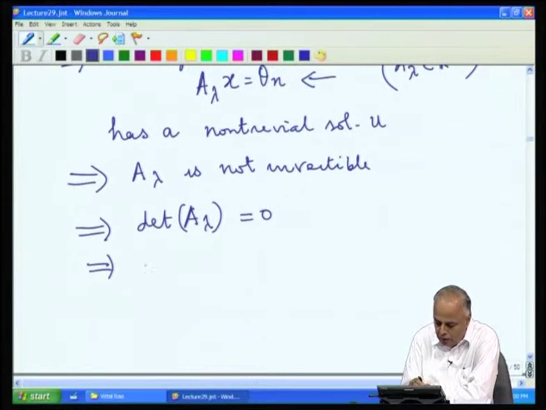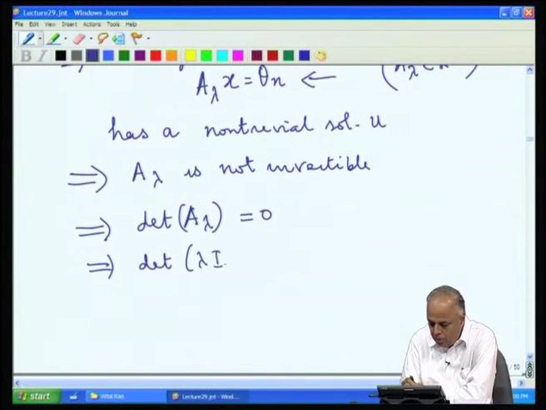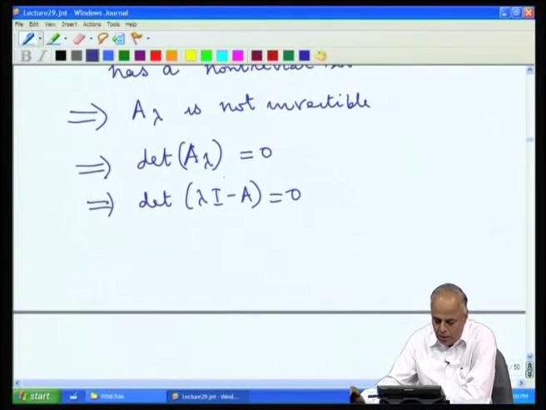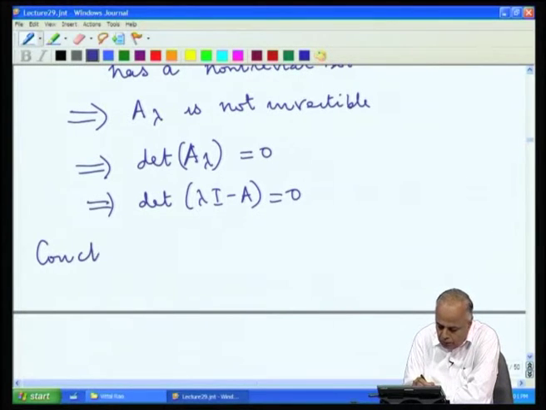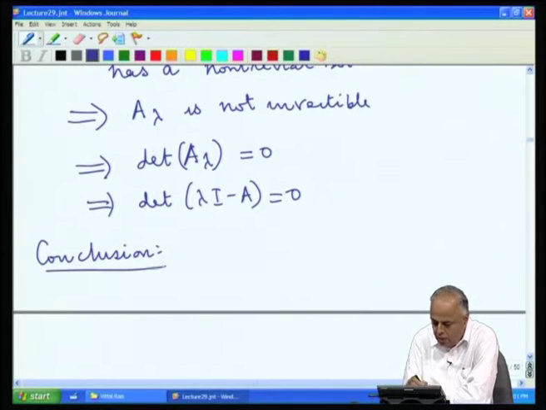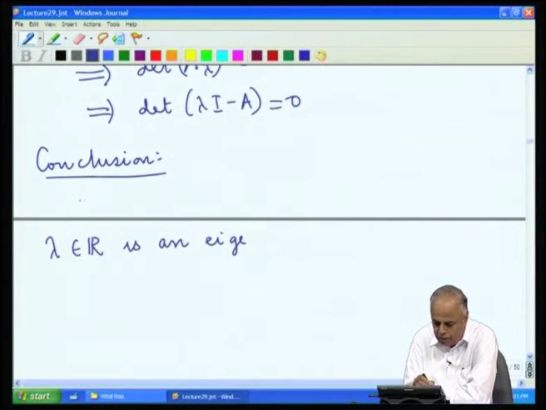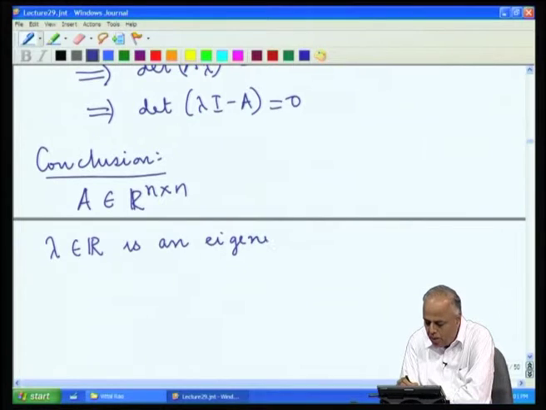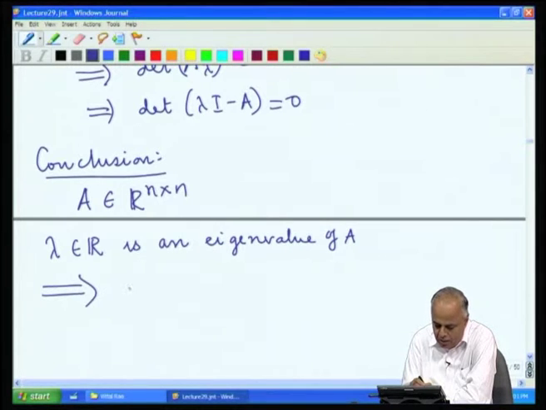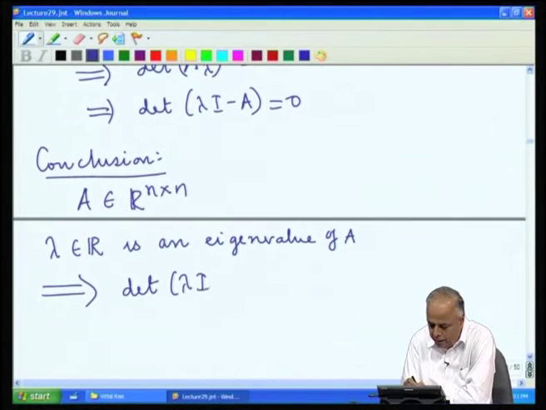A lambda was defined to be lambda I minus A. So, the conclusion is that if lambda belonging to R is an eigenvalue of A, where A is an n by n real matrix, then the determinant of lambda I minus A must be equal to 0.